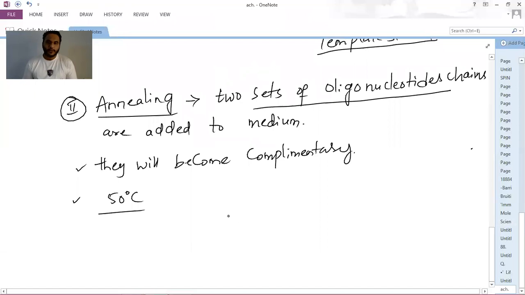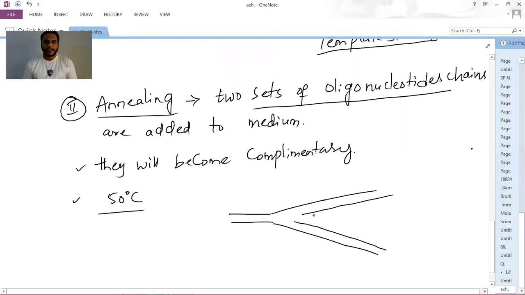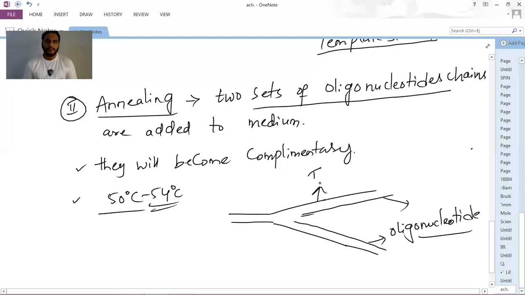First, the double-stranded DNA is made into two single-stranded DNA by heating at 94 degrees Celsius. Now what you are entering are two oligonucleotide strands. You are adding them at a temperature range of 50 to 54 degrees Celsius to the template strands, template 1 and template 2.